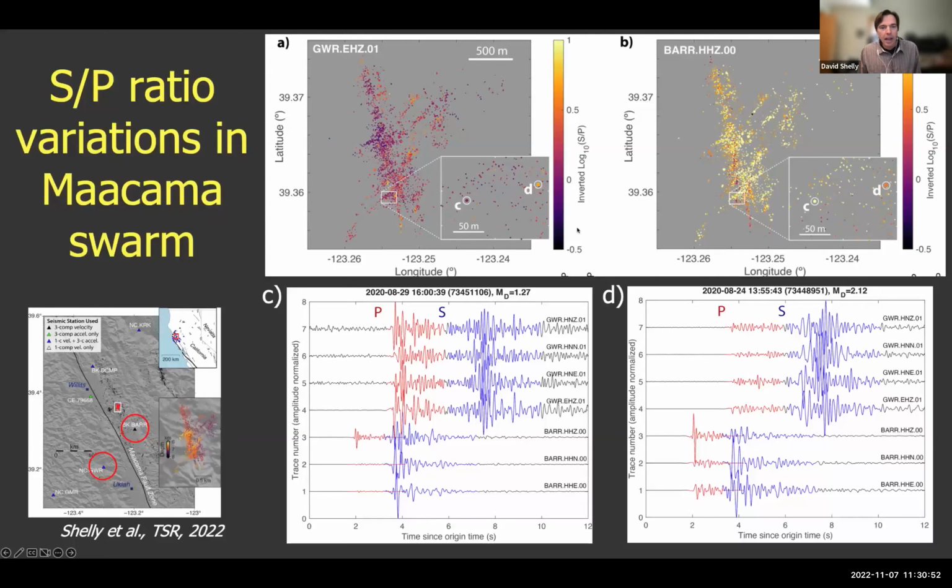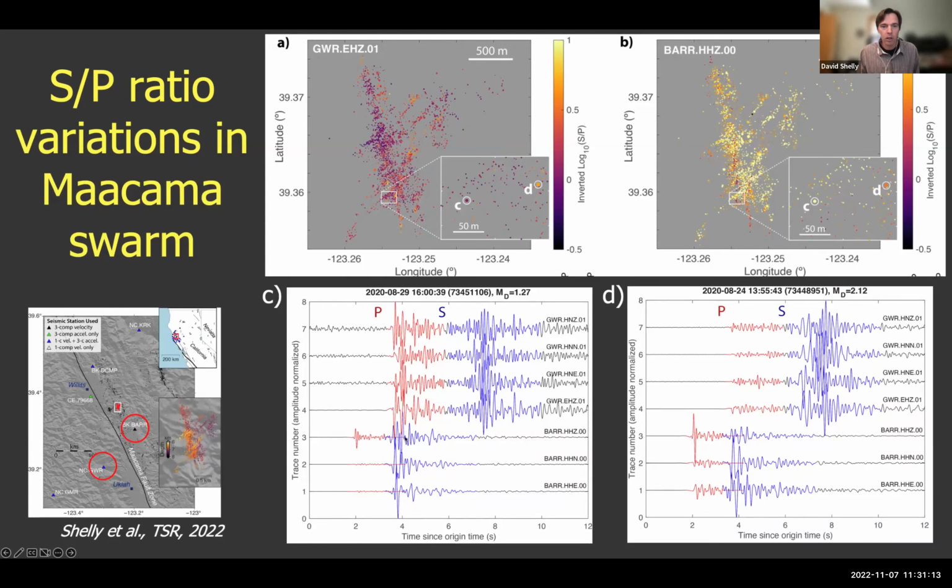And you see, I've highlighted here two events, C and D, at each of these two stations. These are the two stations that are highlighted here in the map on the lower left. And they have very different S to P amplitude ratios for these two events.